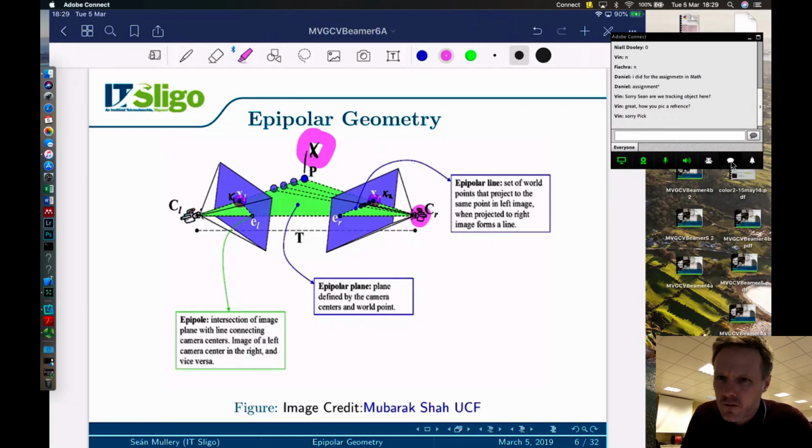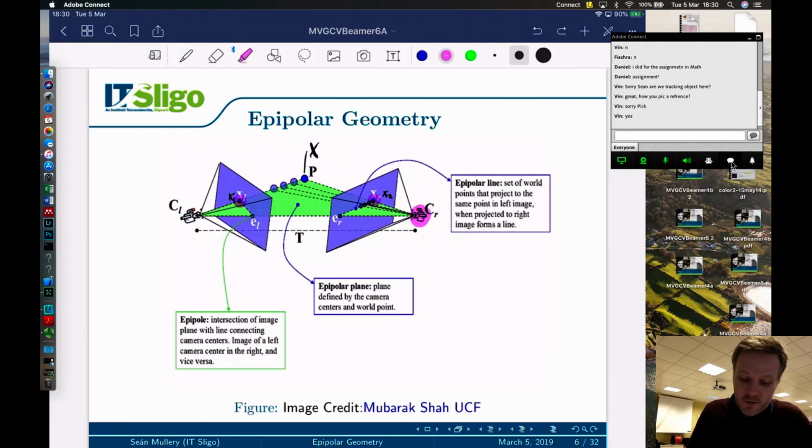Oh, sorry. How do you pick a reference? Is that what you're asking me? When you say reference, are you referring to our 3D point here? The 3D point. Okay. So all that happens is we're assuming at this point that we have 3D points. And if you remember in previous lectures, we looked at how we would get point correspondences between images.